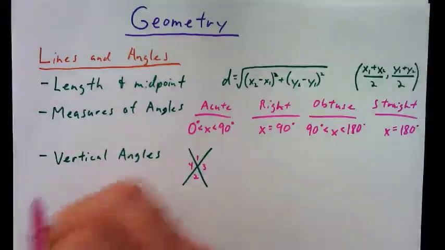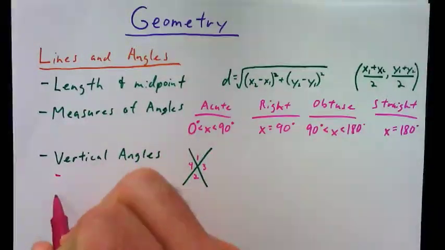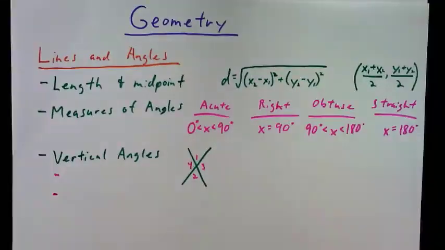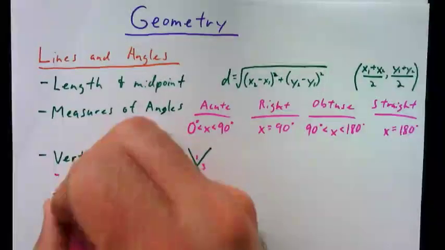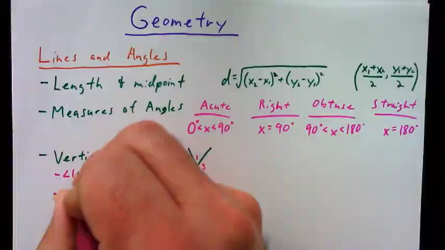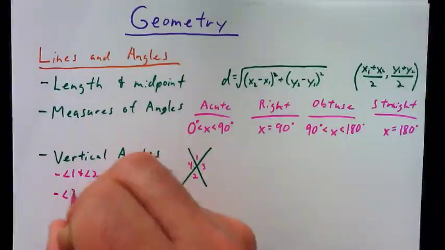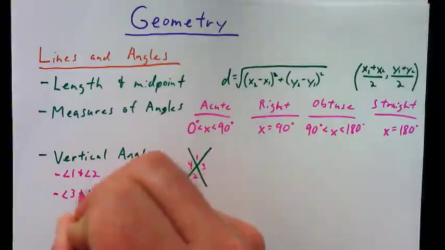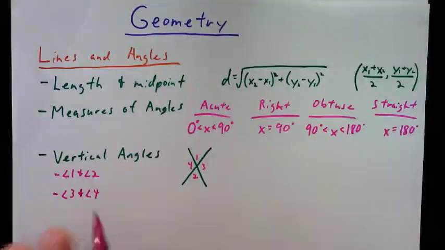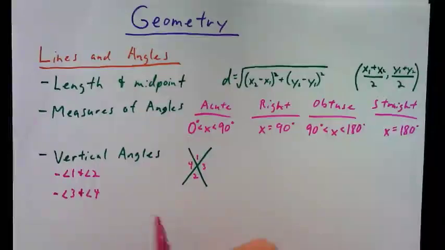So there are two sets of vertical angles. 4 and 3, 1 and 2, yeah. So angle 1 and angle 2, angle 3 and angle 4. That's my and symbol. That's not a plus sign. Just making sure you know that.